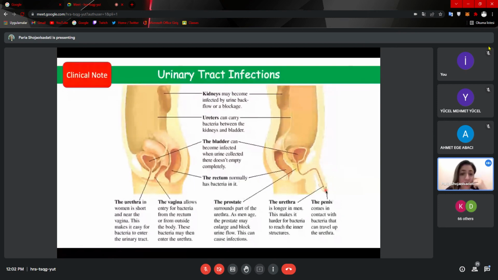Urinary tract infection is more common in females compared to males because the infectious material passes through a narrow and short passage in females to reach the bladder, but in the male it goes a long way to reach the bladder. For this reason, the chance of urinary infection in women is increased compared to men.